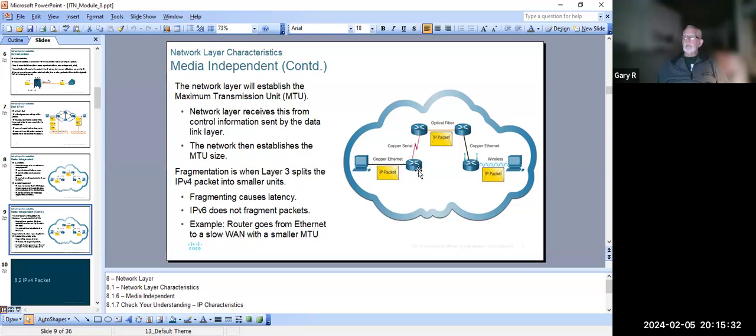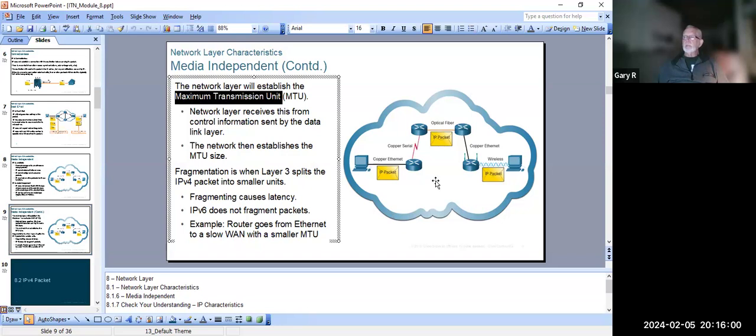That doesn't mean that there's something wrong with that. All the fragments can work just fine, but it does mean that the original data has now been broken up into smaller packages, okay? And that means it had to cross a smaller MTU, maximum transmission unit, right up here.